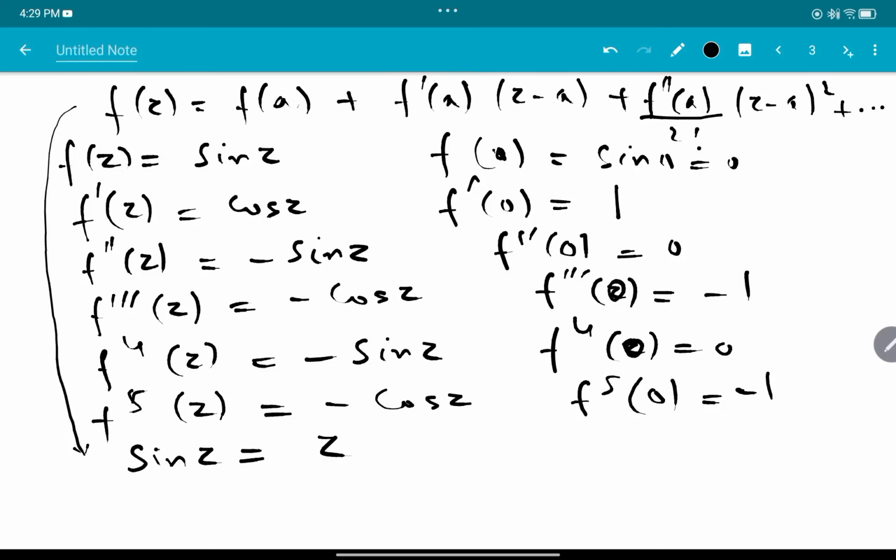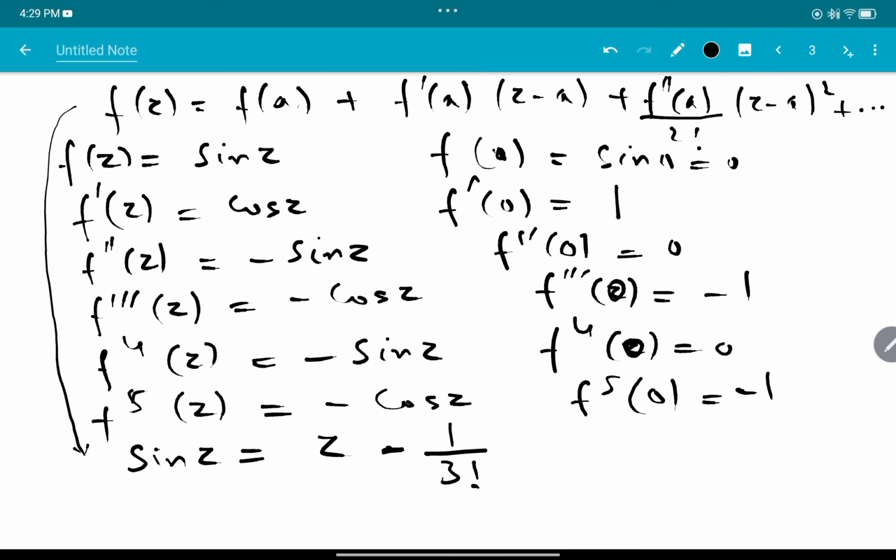So z plus, this term won't be there because f''(0) is 0. The next term will be with a minus sign, minus z cube, because f'''(0) is minus 1, divided by 3 factorial, just as the earlier one had 2 factorial.